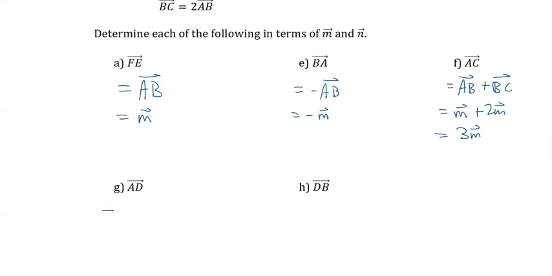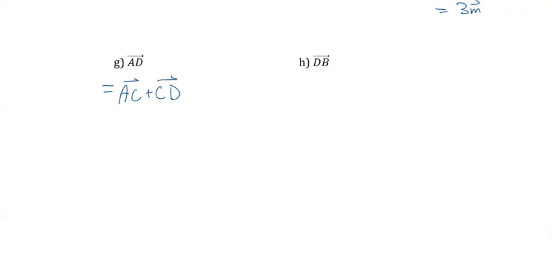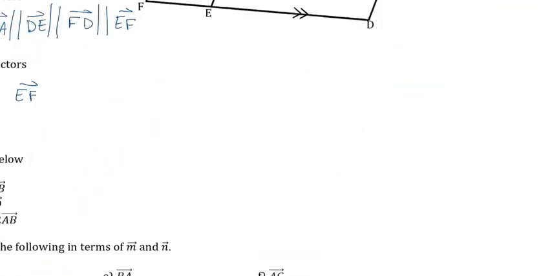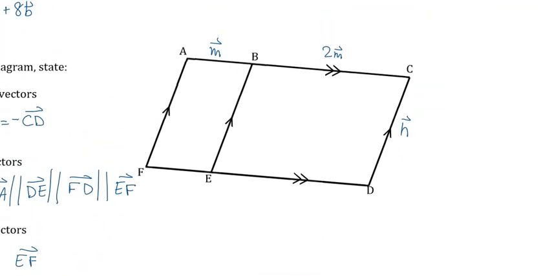So this would be like DC plus CB, which is negative N minus 2M. And order doesn't matter, so I could go negative 2M minus N. Distributive property, I could factor that out if for some reason I wanted to. Not really the kind of stuff we worry too much about, but it is stuff that you could do.